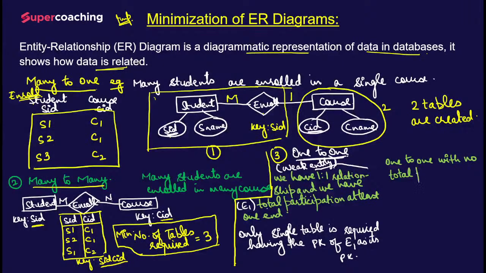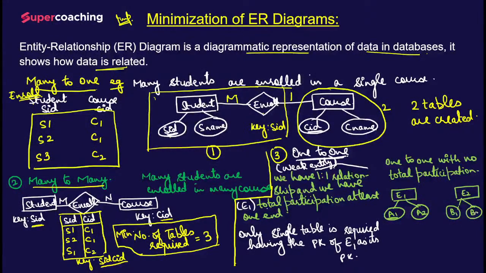Total participation. यहाँ पे कोई total participation नहीं है. So if both the entities are having the key, let me call this E1, this E2, and here we have the attributes like A1 and A2. A1 is the key, B1 and B2.